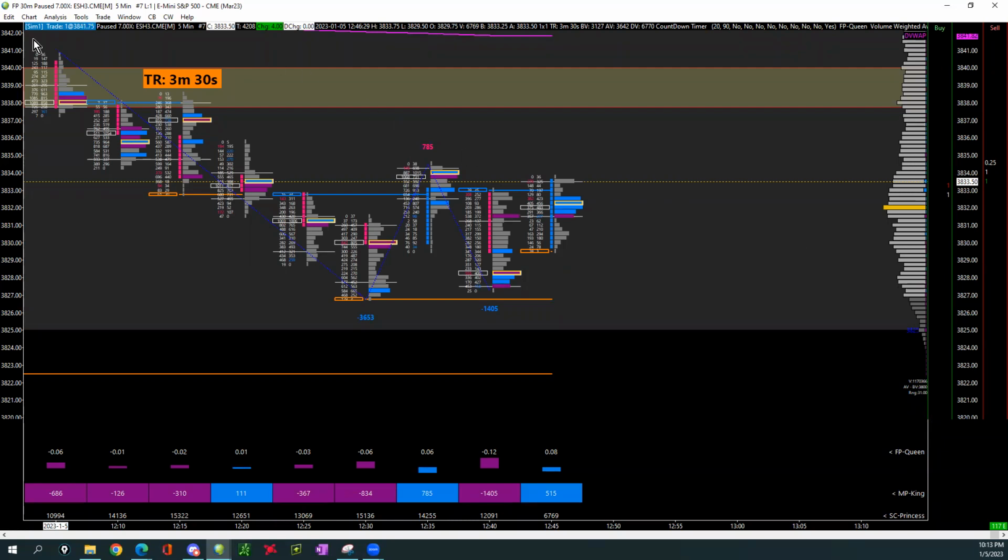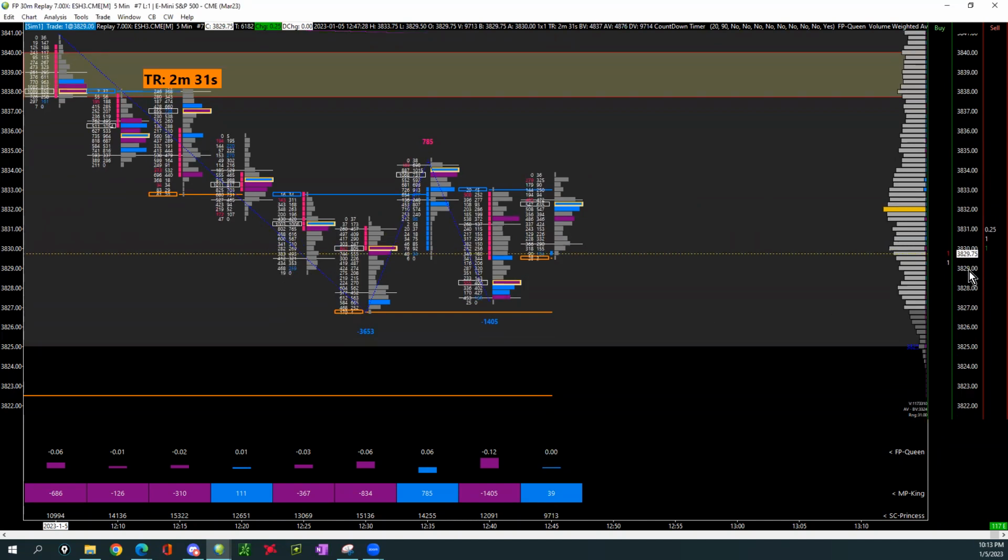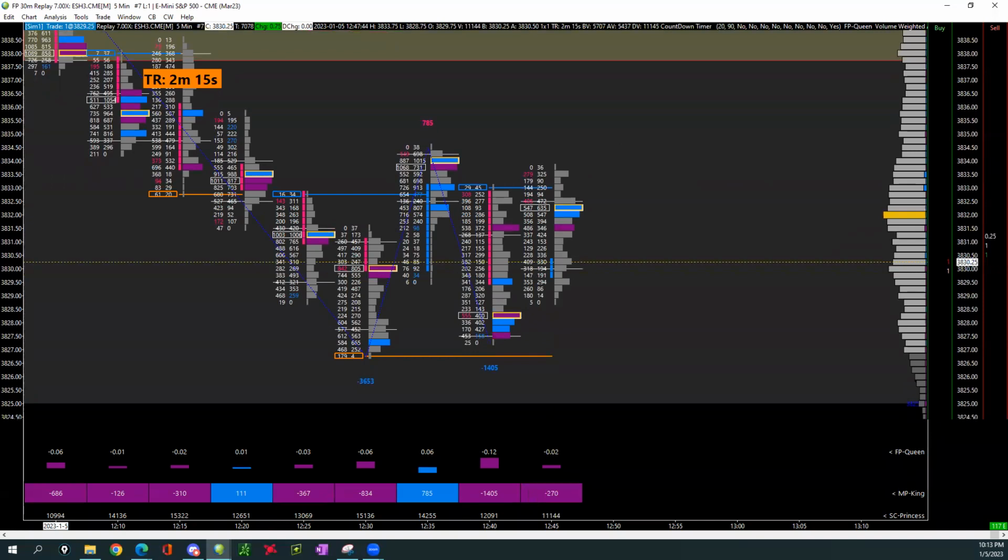So this is the market going down, from 38.52 all the way down to 38.25. You have to pay attention to the interaction between the seller and the buyer.